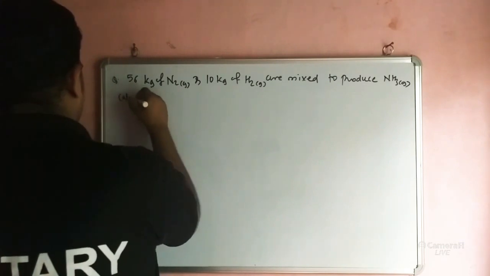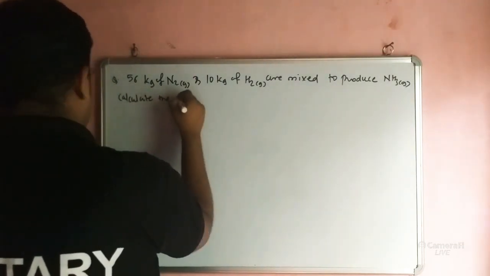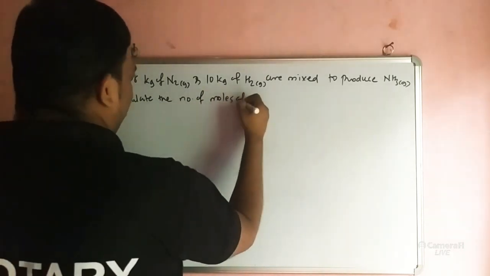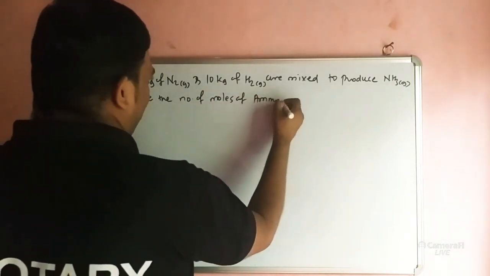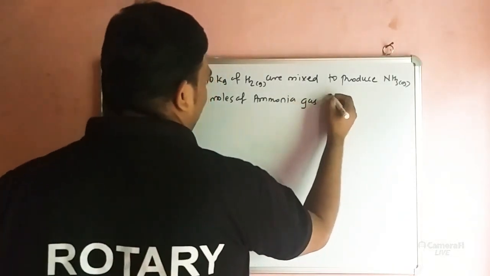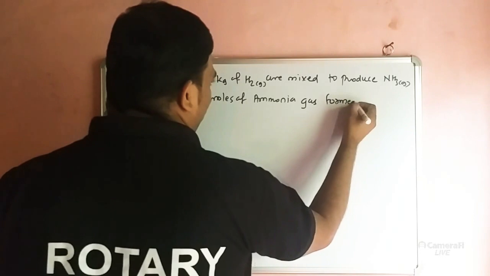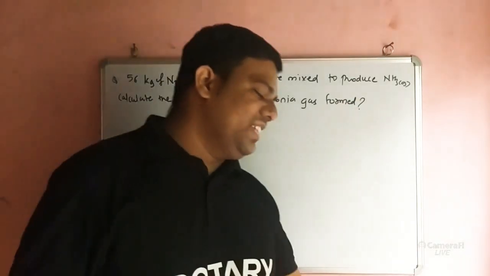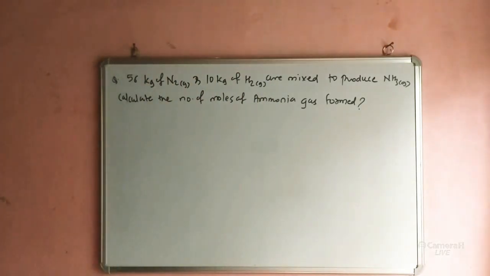Then calculate the number of moles of ammonia gas formed. Beta, this you have to calculate. Like that we have to do the calculation.